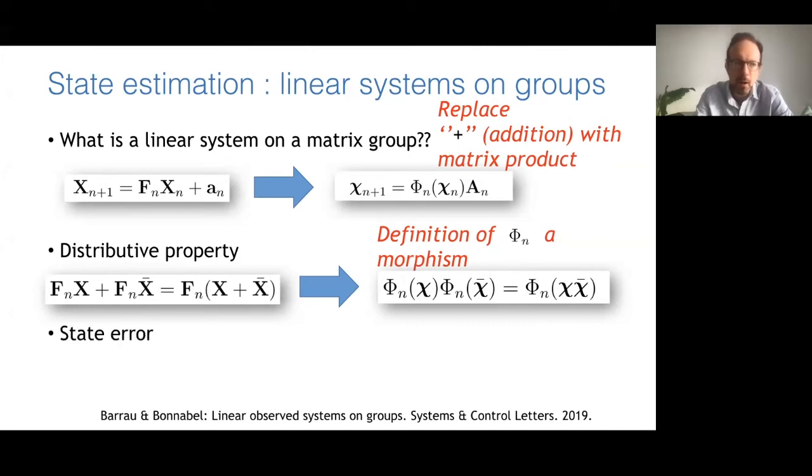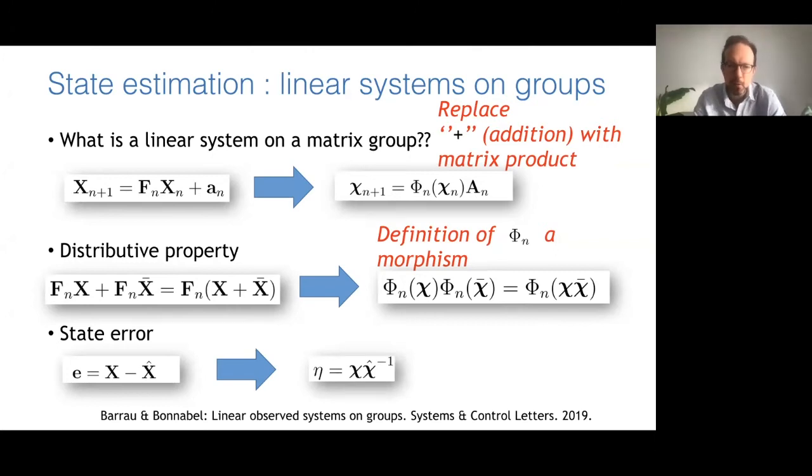And now, to analyze the observer, I should use a state error. So I need to find the counterpart of x minus hat x. And in terms of matrix multiplication, this is just multiplying by the inverse, right?